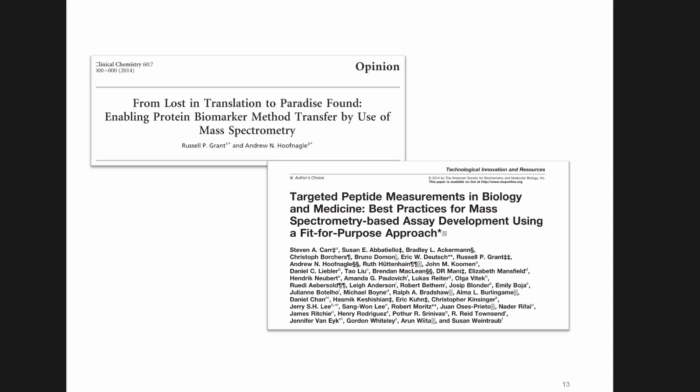Andy has a set of guidelines with Russ Grant, in a paper I think most of the field calls the Lost Paradise Found paper. And then there are guidelines in the Molecular and Cellular Proteomics journal, the fit for purpose paper. So we call this one Paradise Found, and this one is just called fit for purpose.